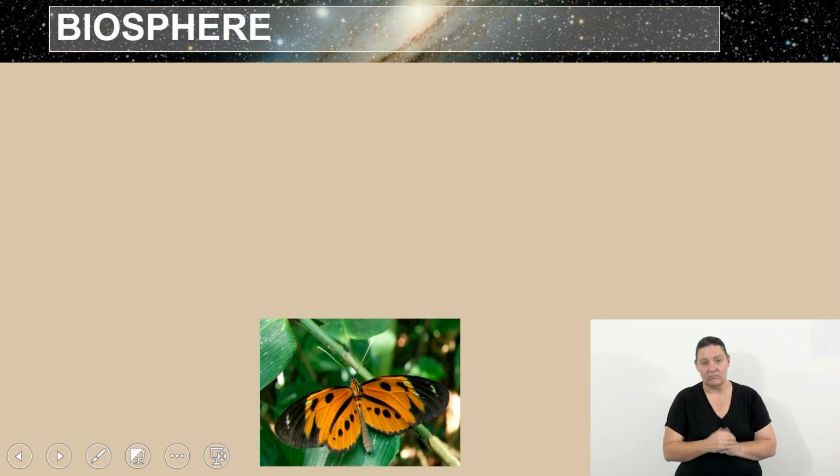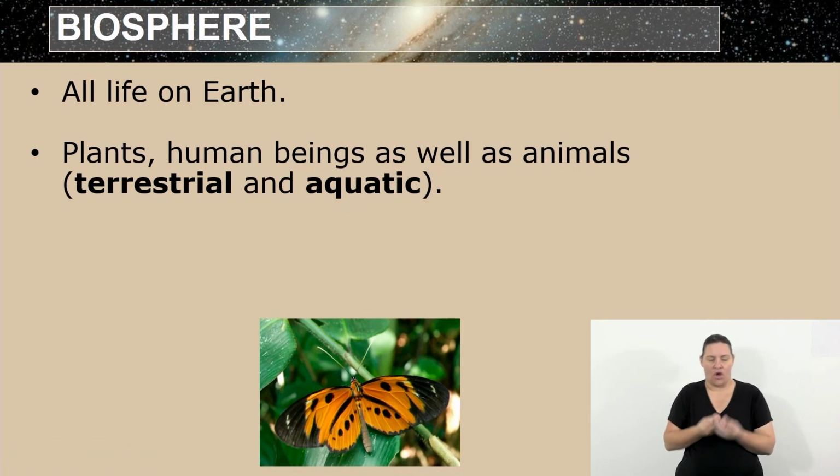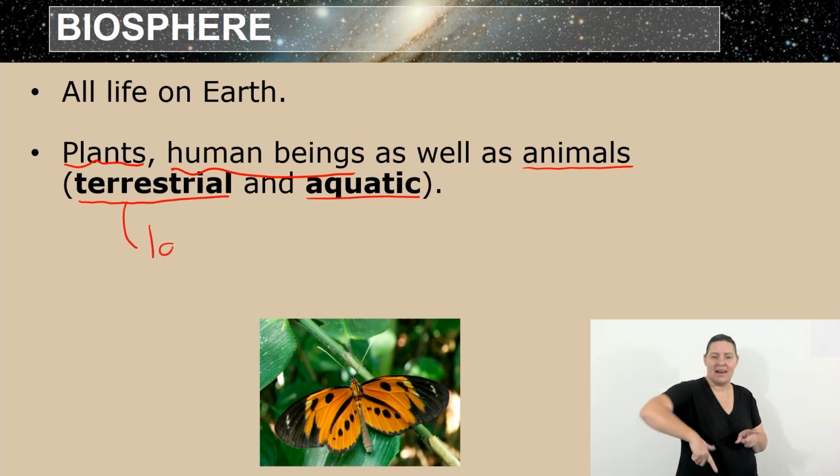Okay, now we move on to the last sphere, which is the biosphere. Now the word bio means life. That means here we are looking at all life on Earth, including all plants, all human beings, as well as animals. Here I've included terrestrial animals as well as aquatic animals. The difference between the two is that terrestrial animals are all the animals that are found on land.